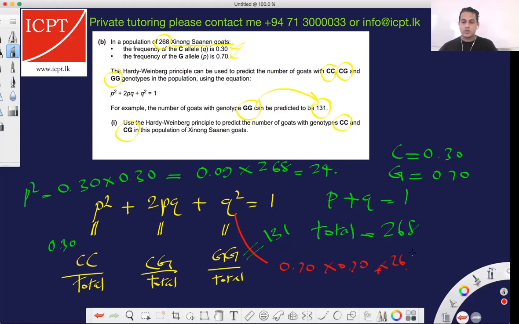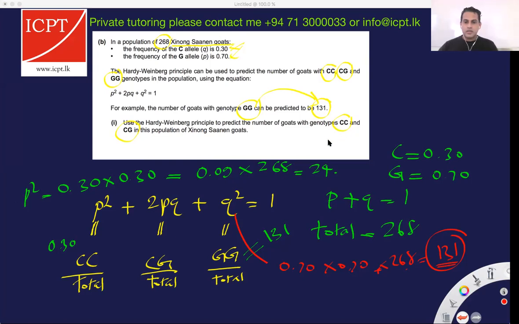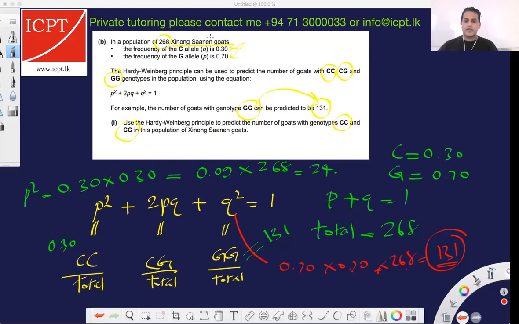So it's 131. Yeah, that's 131. But this one is already calculated here, so we need to find this one now.